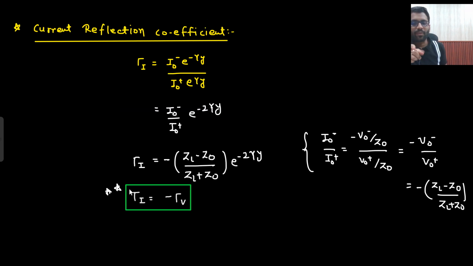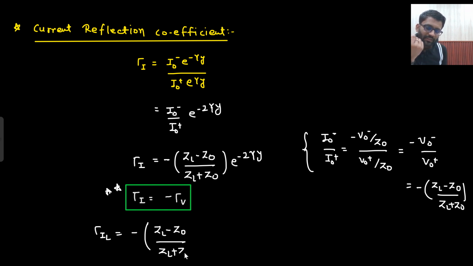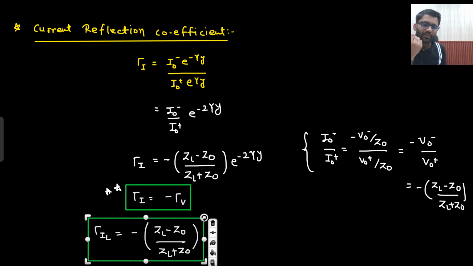We will never remember the formula of gamma I. We just need to take the negative of that. And if you write down the gamma I expression at load, what would that be? A minus sign outward, then ZL minus Z0 upon ZL plus Z0. So that is the formula of gamma I at load: ZL minus Z0 upon ZL plus Z0, but a negative sign is there. Is that clear to you?